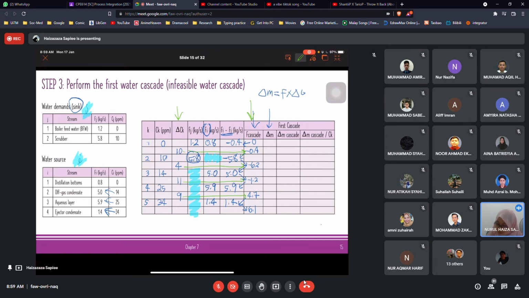So from here we can calculate. 10 times negative 0.4 gives negative 4. 4 times negative 6.2 gives negative 24.8. 11 times negative 1.2 gives negative 13.2.